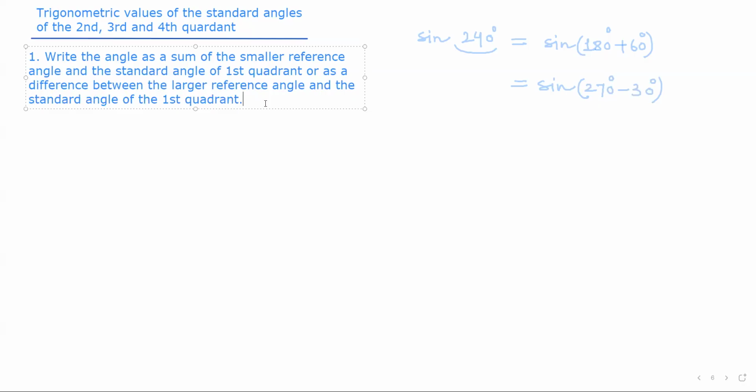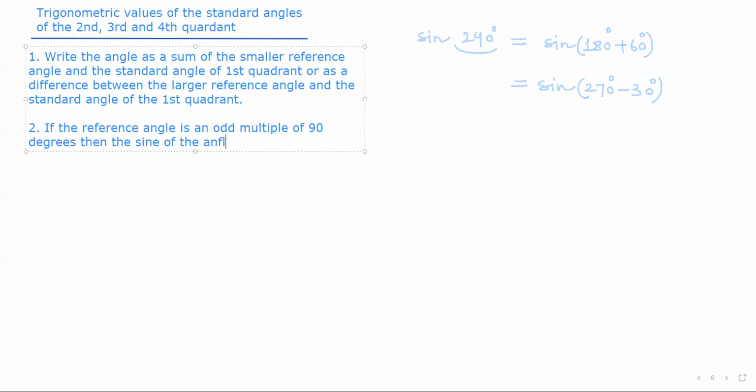Okay? Second step. Pay attention. If the reference angle is an odd multiple of 90 degrees, then the sine of the angle, meaning the complete angle, sine 240 degrees, converts to the cos or sine of the standard angle.